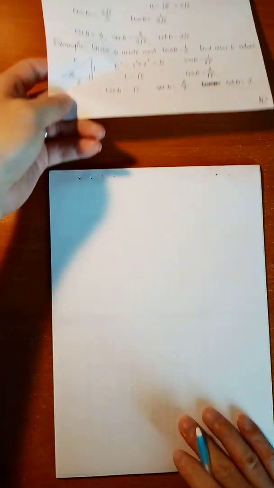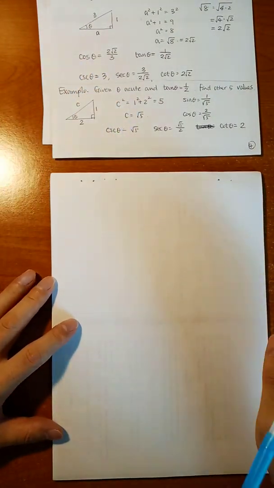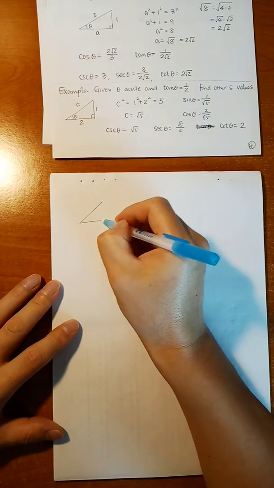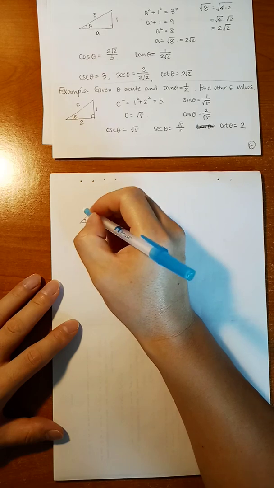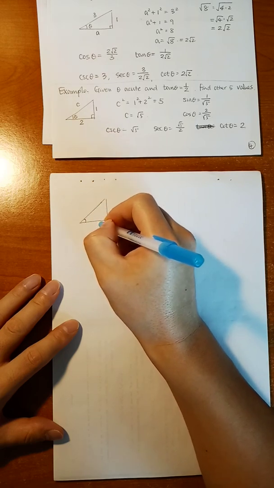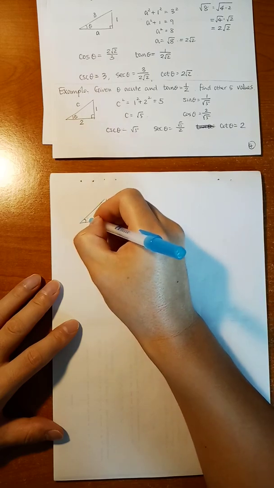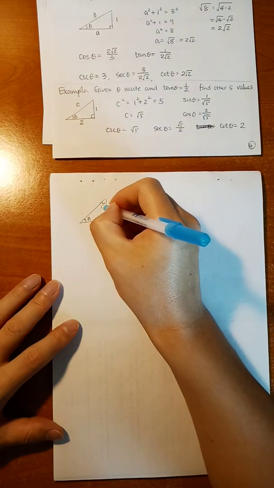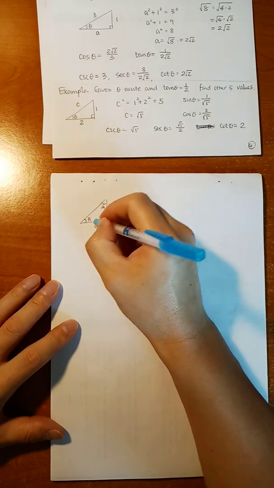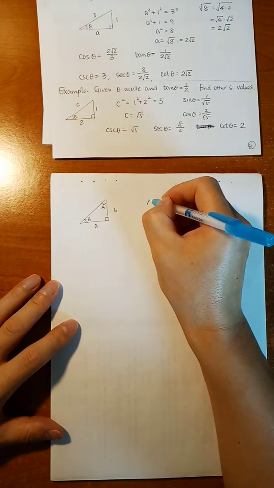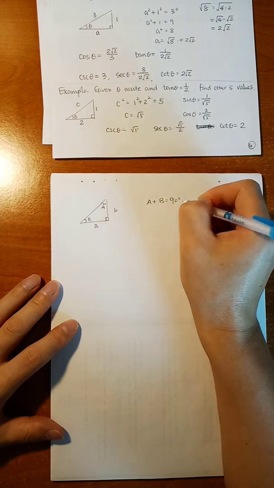Okay, so let's continue the discussion of this acute angle. In this right triangle, remember we already discussed that A plus B, the sum of those 2 angles, is 90 degrees.